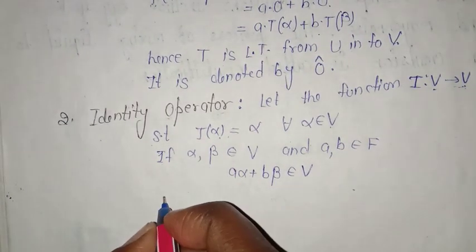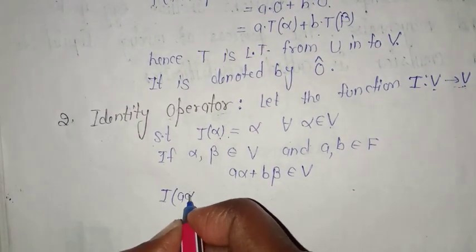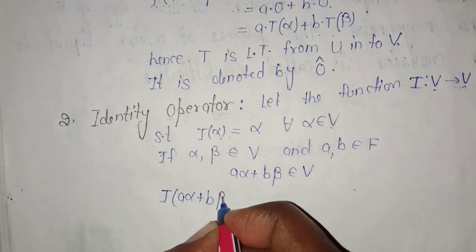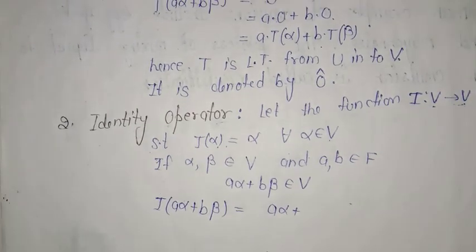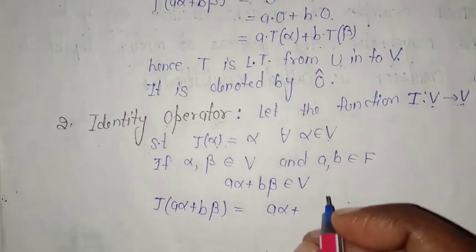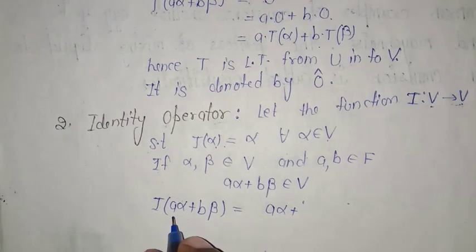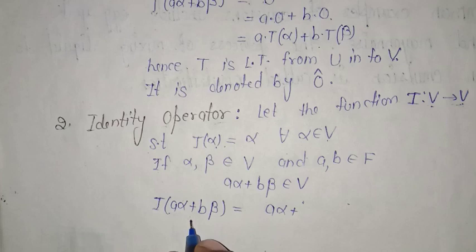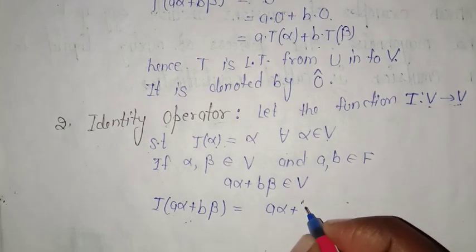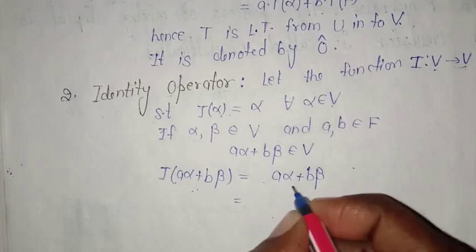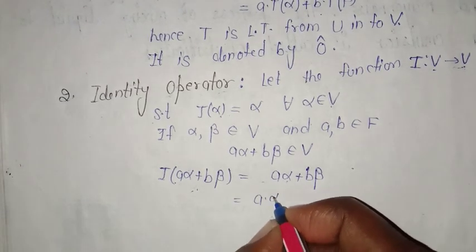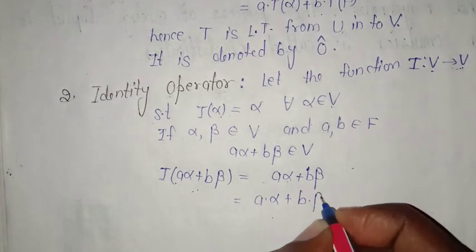Now I of A alpha plus B beta equals A alpha plus B beta, because this is the definition of the identity operator: the vector maps onto the same vector. Now we can write it as A dot alpha plus B dot beta.